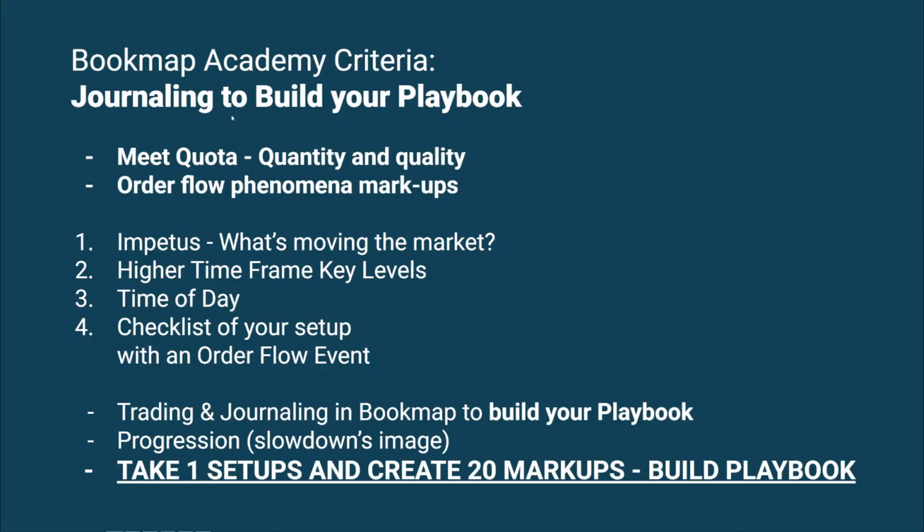Journaling to build out your playbook. Number 1, 2, 3, and 4. First thing we're going to be looking for is the impetus. What's moving the market? We're going to go through this today, right now. Then we're going to look at our higher time frame key levels. And then the time of day. It's 10 a.m. East Coast time. The momentum move is typically over around this time, or it's just kind of petering out.